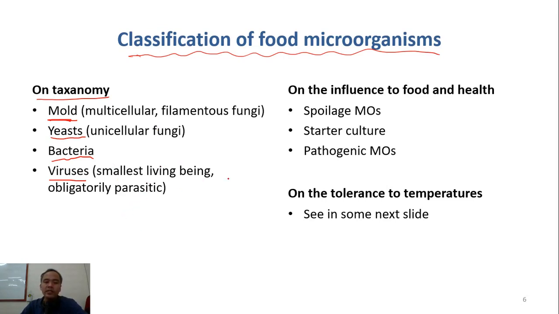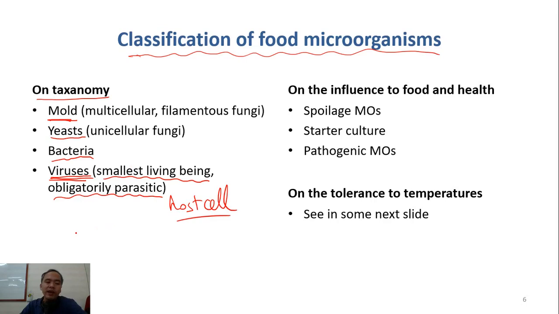Which one is the smallest among these four? Viruses. Viruses are the smallest living beings. They are much smaller than bacteria. Viruses are obligatory parasites. What does that mean? It means that a virus cannot multiply without a host cell.